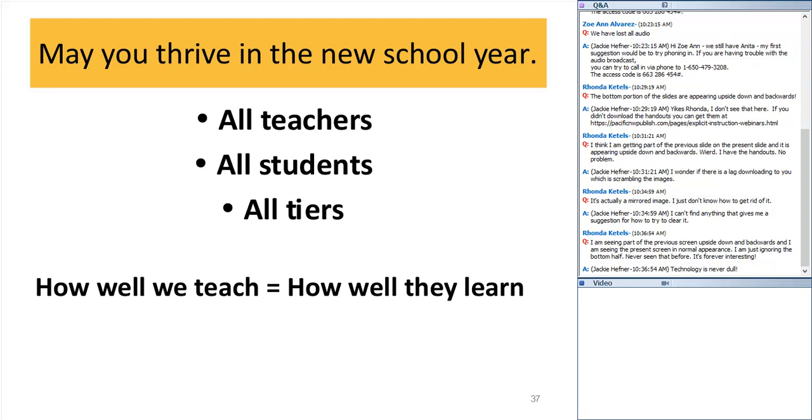The big difference is intensity in terms of Tier 2 and Tier 3. And for all of them, whether it is Tier 1, 2, and 3, it is the quality of my instruction that makes a difference. The motto of our book, the motto of this teaching is, how well we teach equals how well they learn.